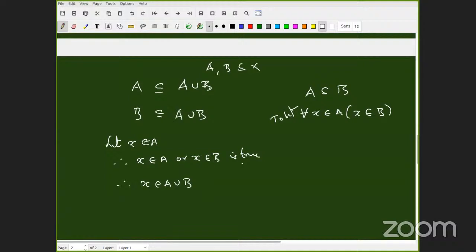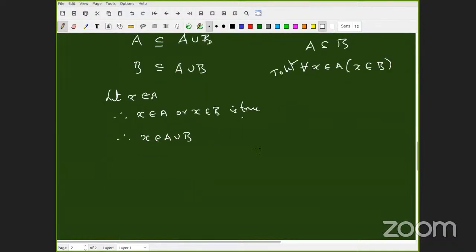Right. Can one of you now prove B is a subset of A union B? All right, Krishnamurthy, start. Sir, for every x belongs to B. Don't say every x. Start with an x. See, this is why we have not used every x.